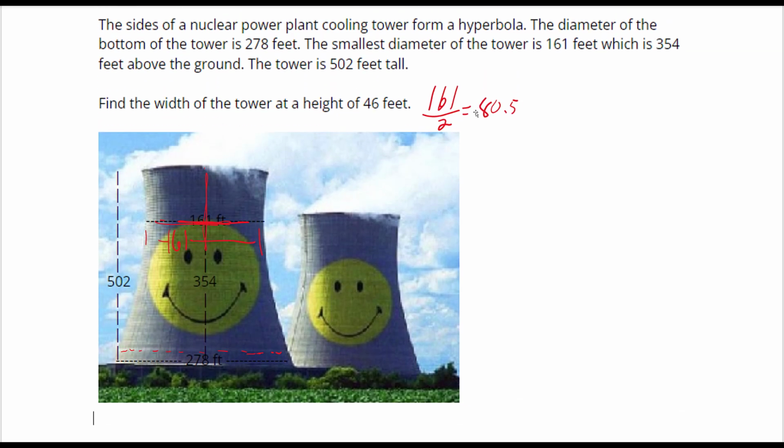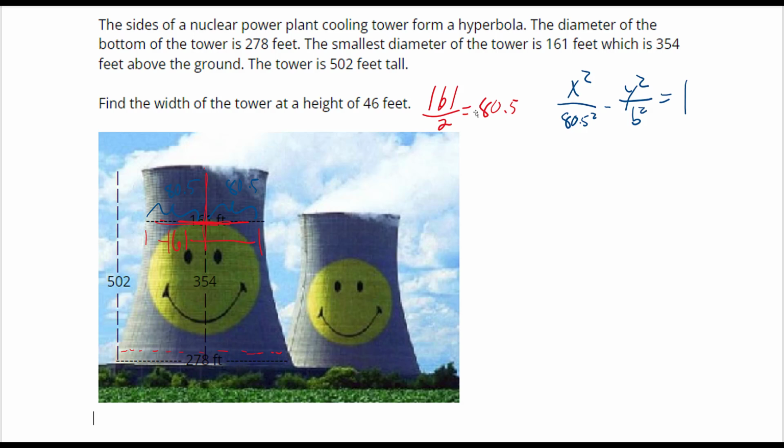And we're working with a hyperbola that opens up sideways, so it's going to be x squared over 80.5 squared, since my a is 80.5, minus y squared over b squared, that's what we have to find first, equals 1.